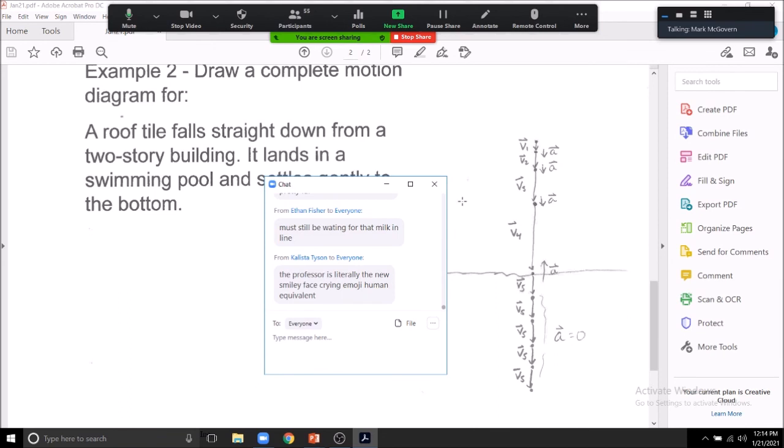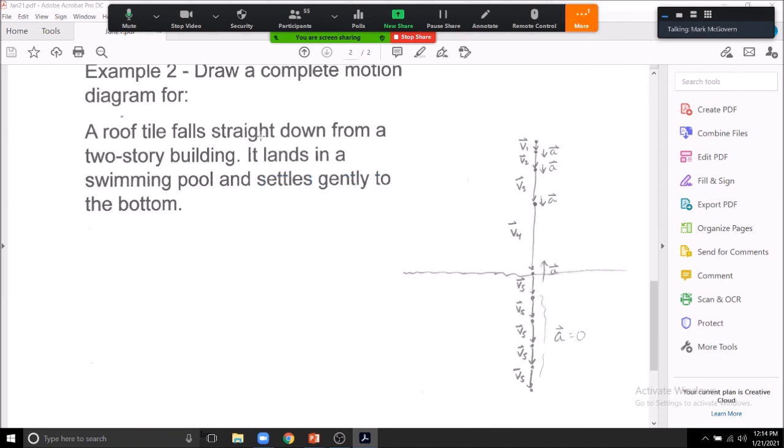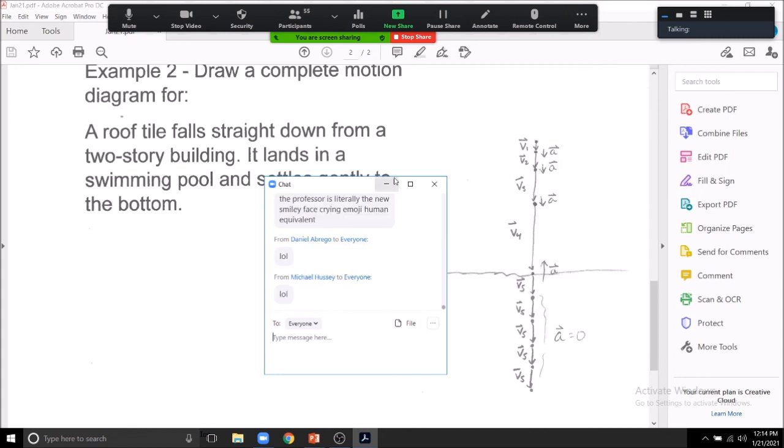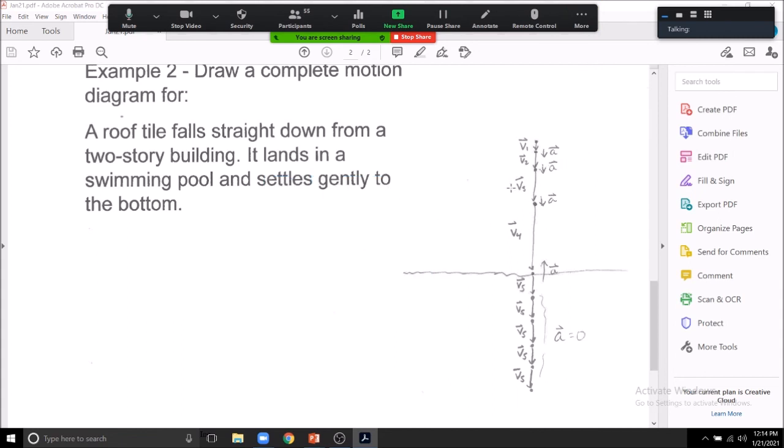A roof tile falls straight down from a 2-story building. It lands in the swimming pool and settles gently to the bottom. Okay. So there are 2 parts to the motion here. There is the falling from the roof, and then we hit the water and we settle gently.